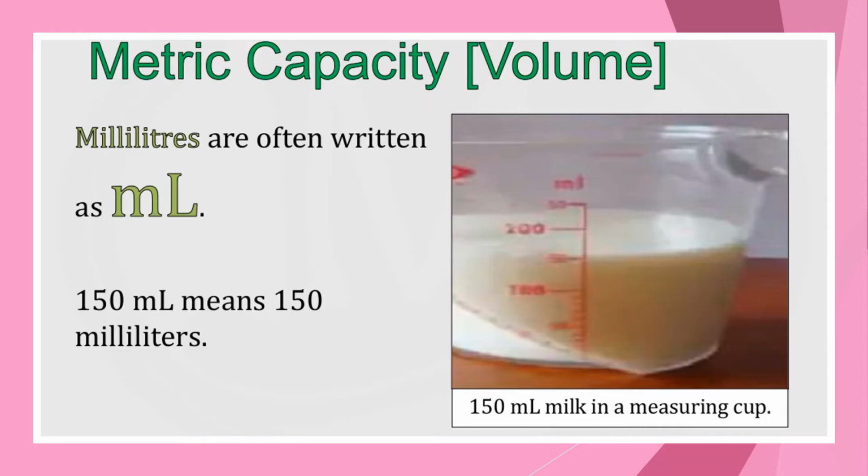Milliliters are often written as ml. So the short form of writing milliliters is ml, and the long form remains milliliters. 150 milliliters will be written for short as 150 ml.